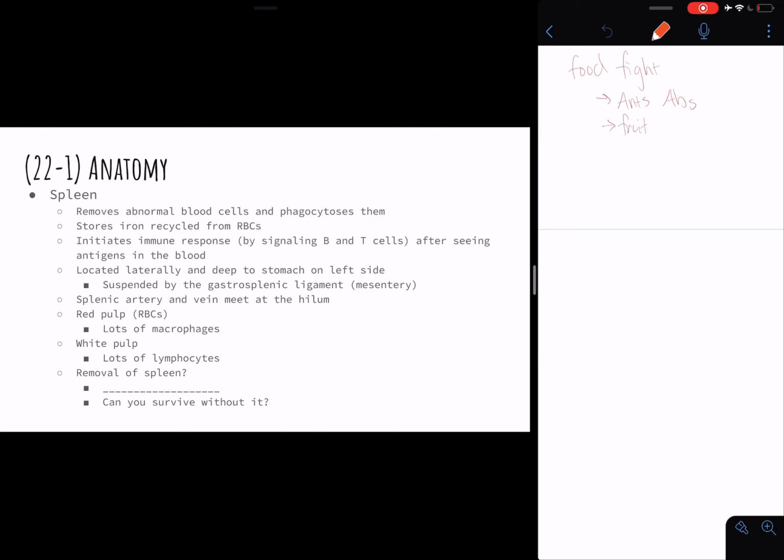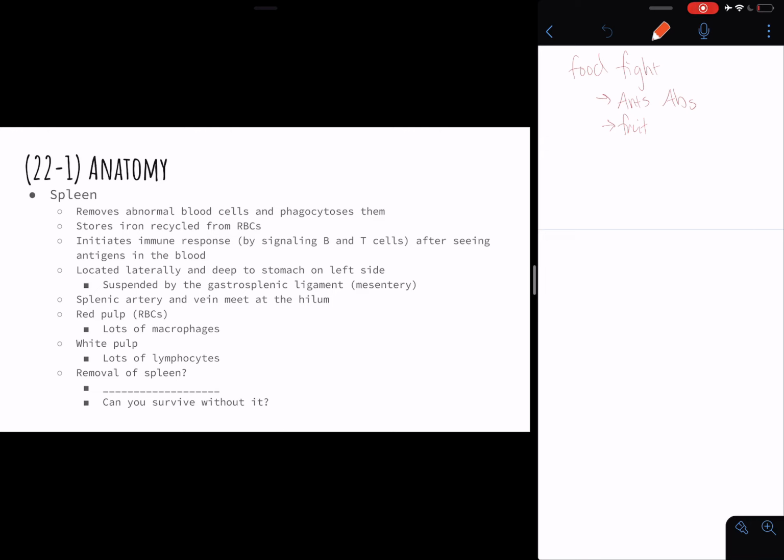So it's on the left side, just deep and posterior and slightly inferior to the stomach, but still superior to the kidney. So in that area, you have the rest of the thoracic cage kind of circling around it, but there's that tail end of it that doesn't quite capture much of the spleen itself. And so that leaves it pretty open to the environment to take those hits.